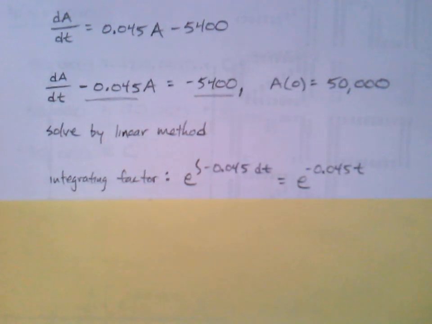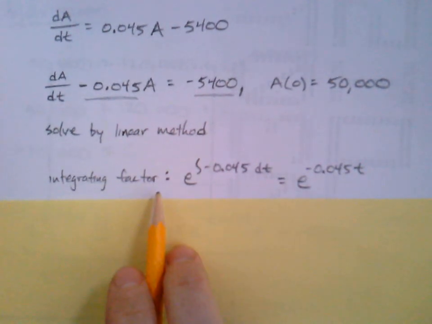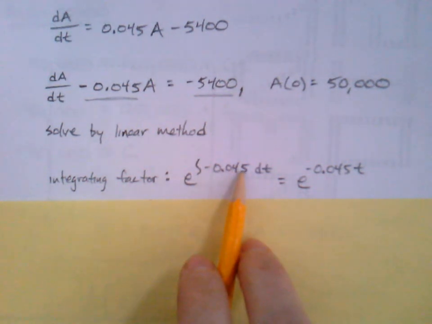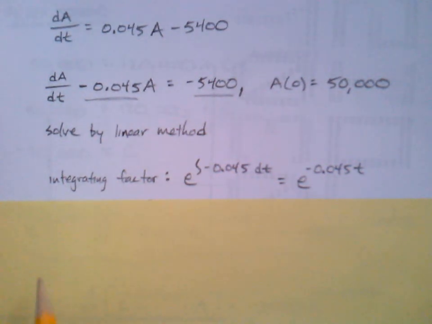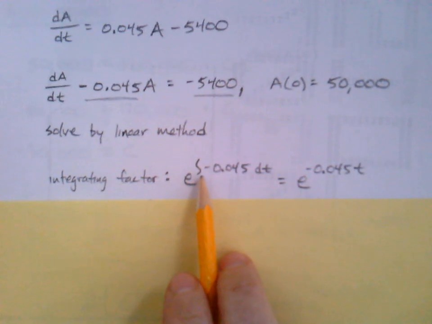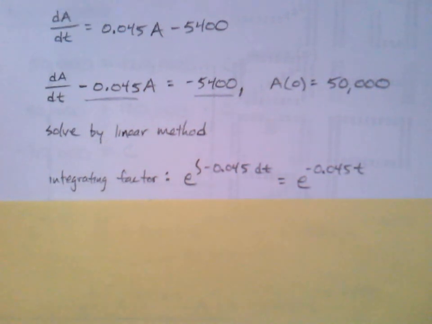Oh, here we are. The integrating factor is e raised to the integral of negative 0.045 dt. Don't forget that negative. Again, a very simple integral, so long as you know what you're looking for. e to the negative 0.045t.